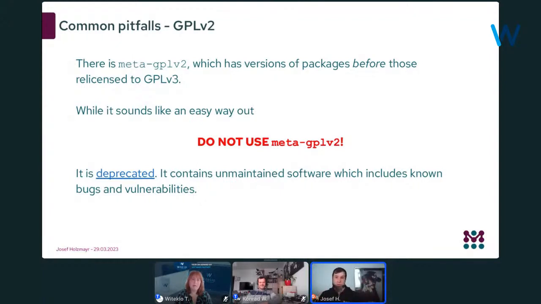No, don't do it. It is outdated. It is officially deprecated. Most of the software in there, probably even all, has either known bugs or security flaws. If you ship this stuff, I personally say that you are actively harming your customers. Do not do this. You can quote me there.